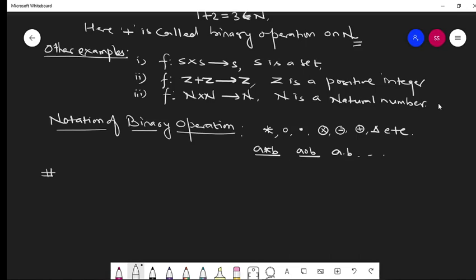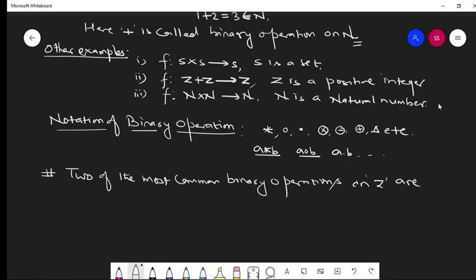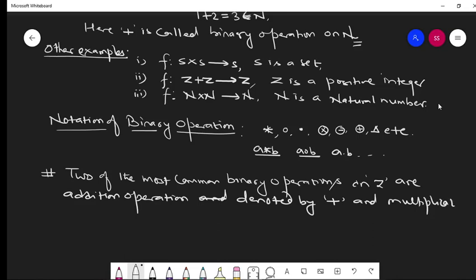The next part: two of the most common binary operations on Z, that is the integers, are the addition operation, denoted by plus, and the multiplication operation, denoted by the cross sign or multiplication sign.